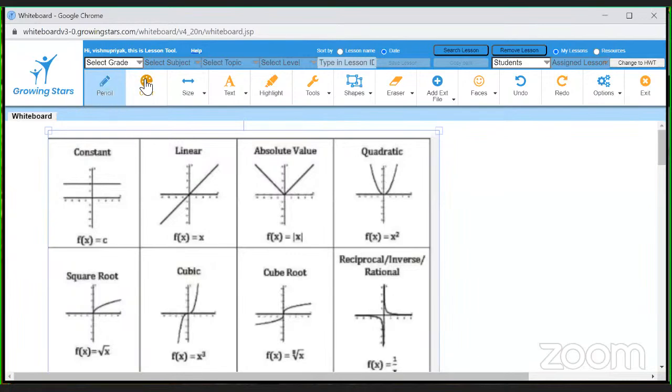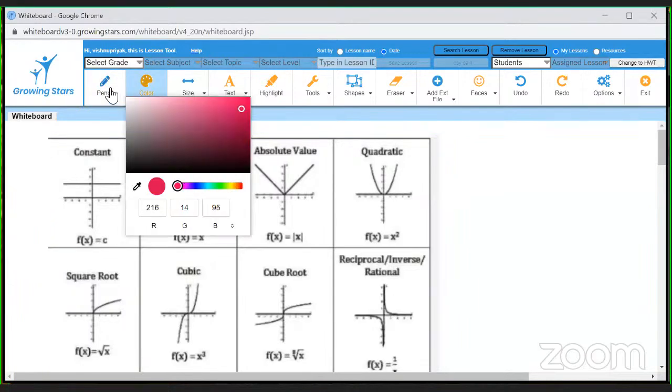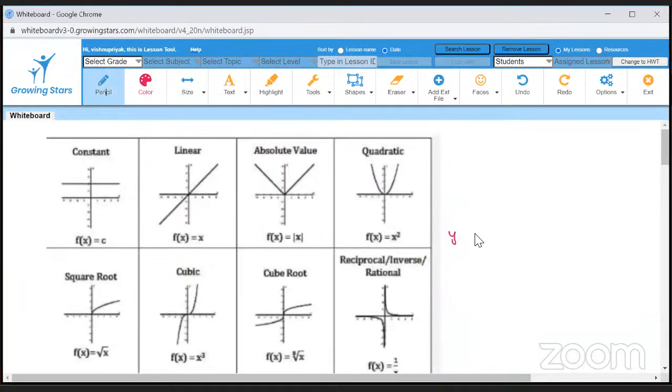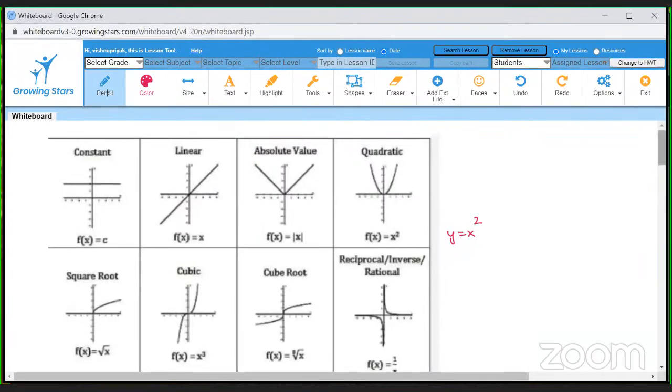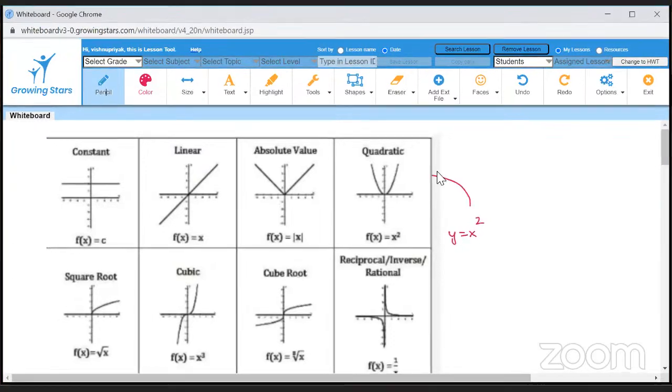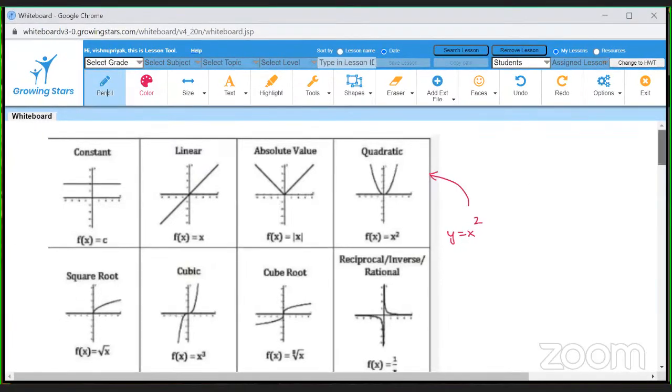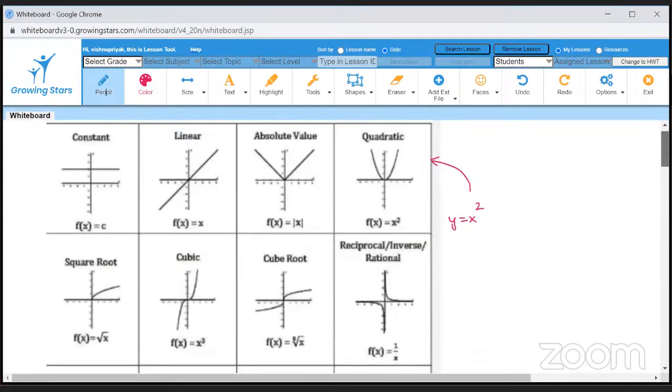Just now you have seen how I drew the y equal to x square graph, or x square equal to y.